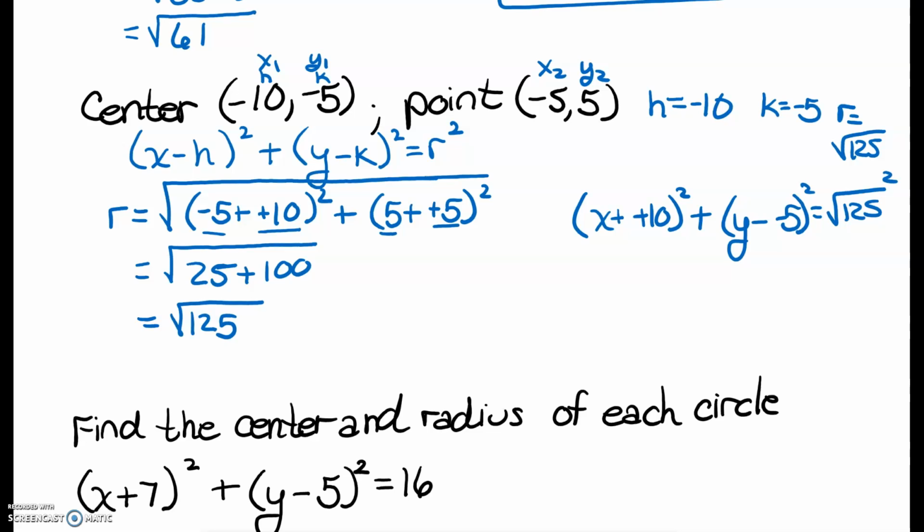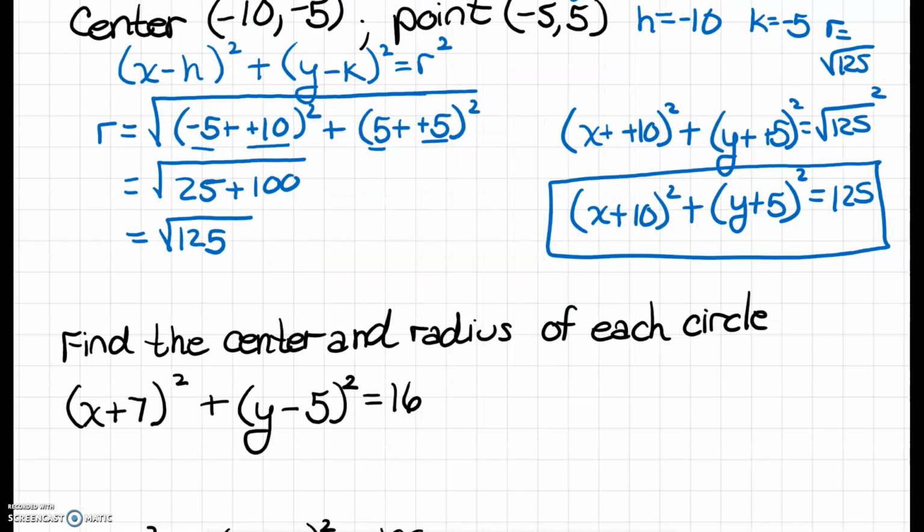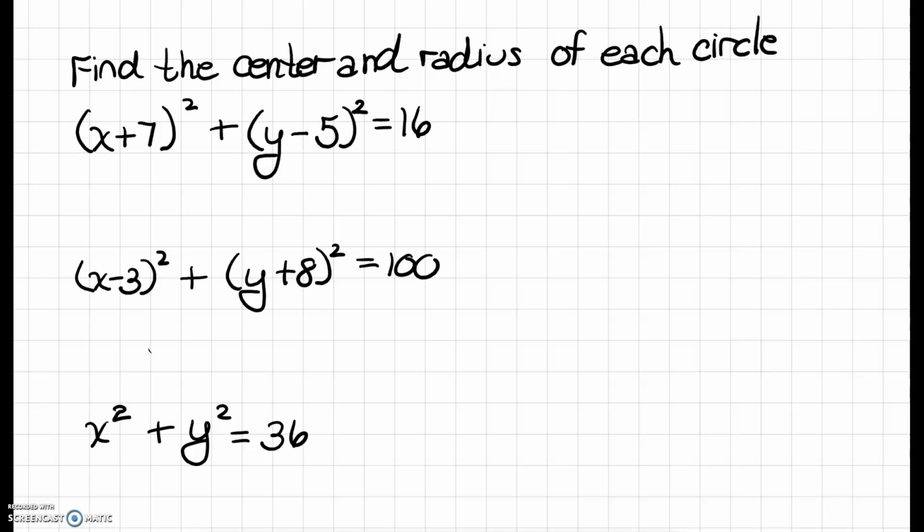So I need to get rid of my double signs. So I have x plus 10 squared plus, get rid of your double signs here, y plus 5 squared equals, and when I square a square root, I just get what's underneath it. Final equation.